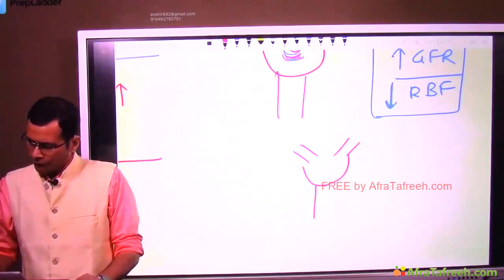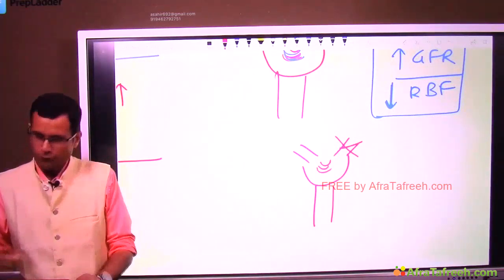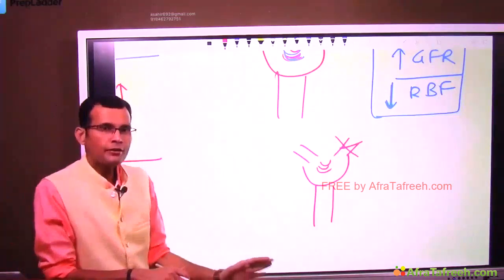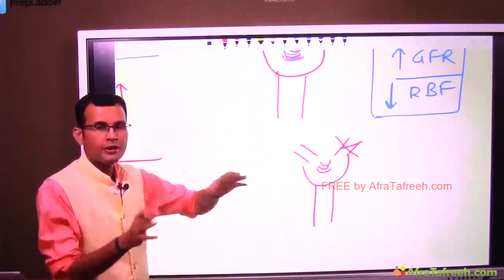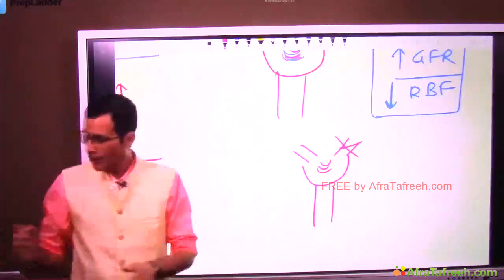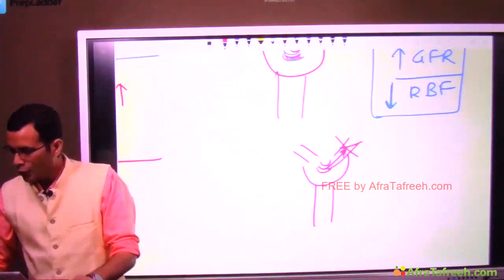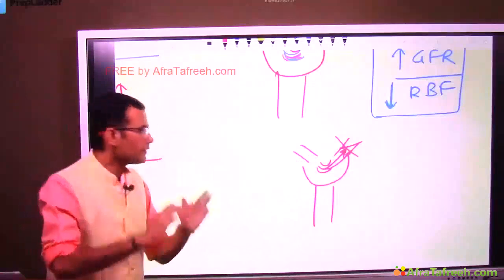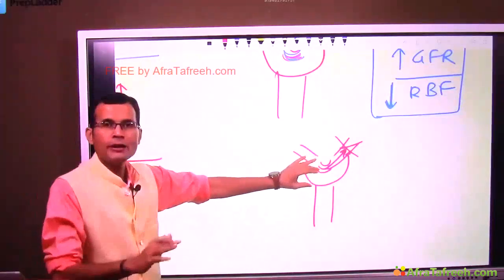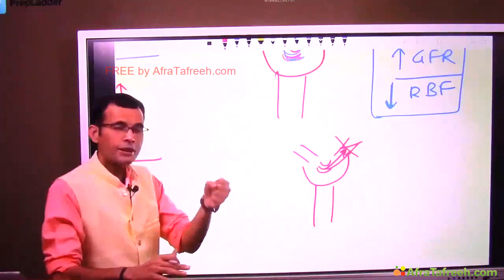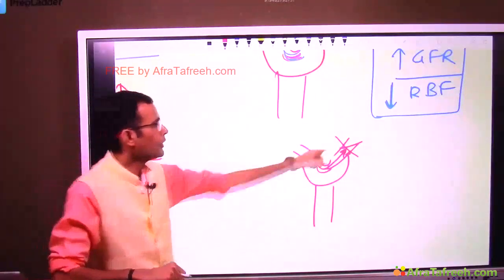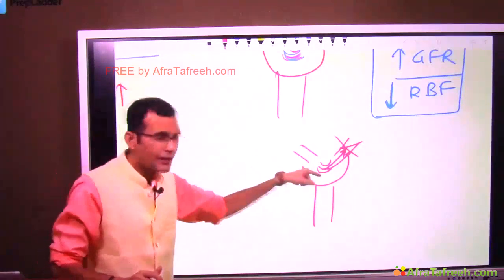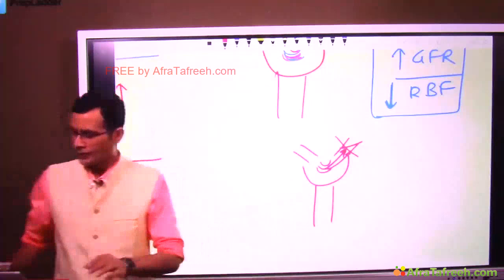Look, if there is a severe and sustained constriction, what will happen is the plasma proteins which are there in the capillaries are unable to leave the glomerular capillaries. That means plasma proteins will stay in the glomerular capillaries because it's a severe sustained constriction of the efferent arteriole. So plasma protein concentration will increase in the glomerular capillaries.